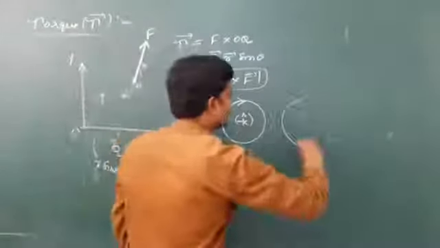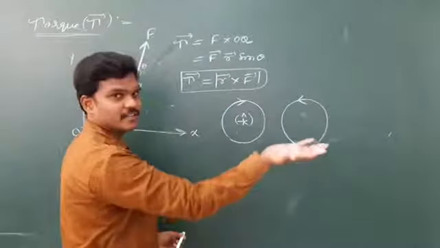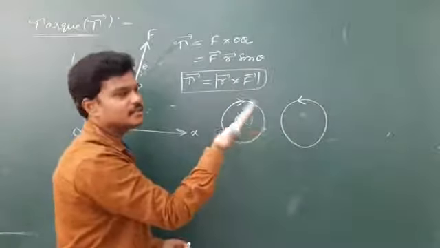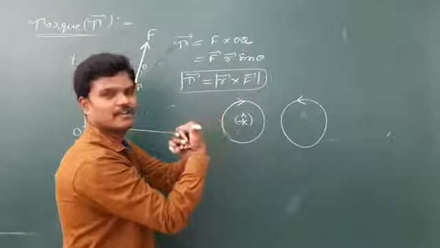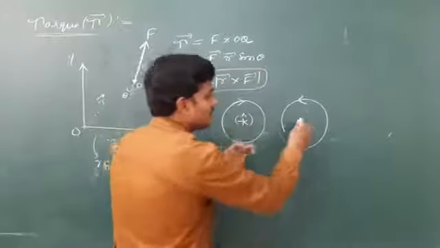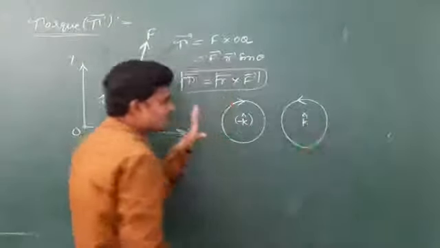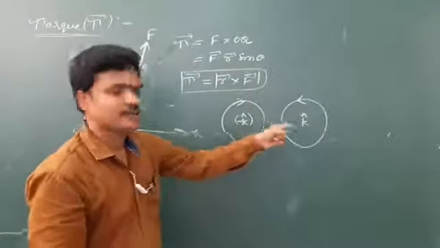If the particle rotates in anti-clockwise direction like this, you hold the hand like this, so the fingers move like this. This is the direction of motion of the particle, and see the thumb, it is towards you. Towards you means plus k cap. So if the particle is moving in the xy plane, then the directions are k cap.